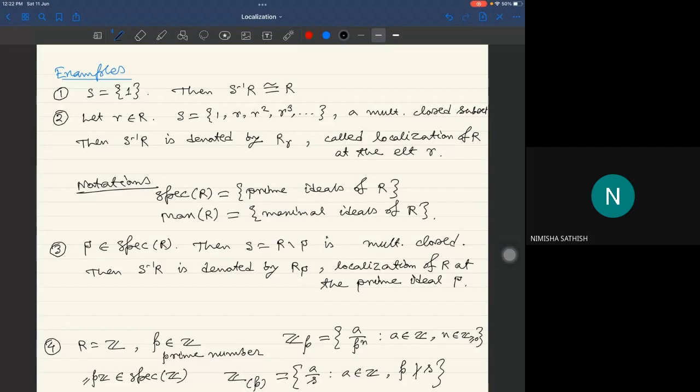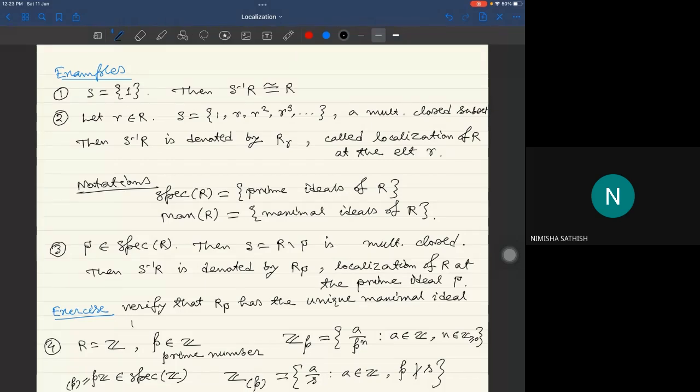This is an exercise: verify that R localized at P is a local ring, that is, it has a unique maximal ideal, namely PR_P.